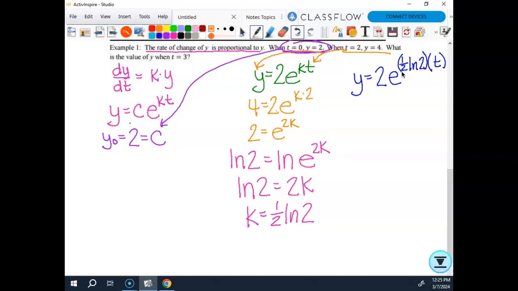Now can we find the value of y when t equals 3? Substitute it in. So that means that y is equal to 2 times e to the 1/2 times the natural log of 2 times 3 power. Do we want to go any farther? No, we do not. Okay. That is our y value. Everybody good? Okay.